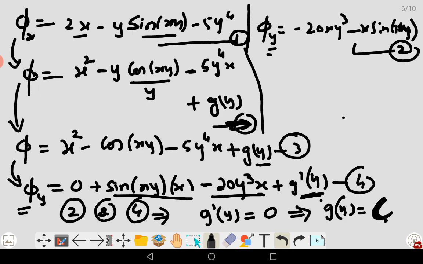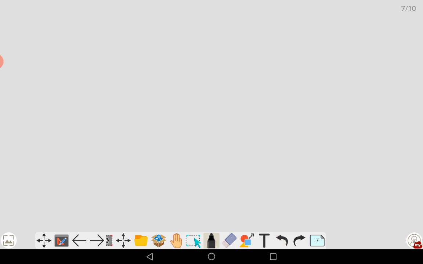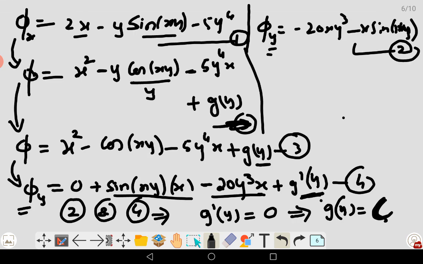Now equation 3 is rewritten. We will write from equation 3 what is original phi. The original phi is going to be written right now. Therefore equation 3 gives, what is equation 3?